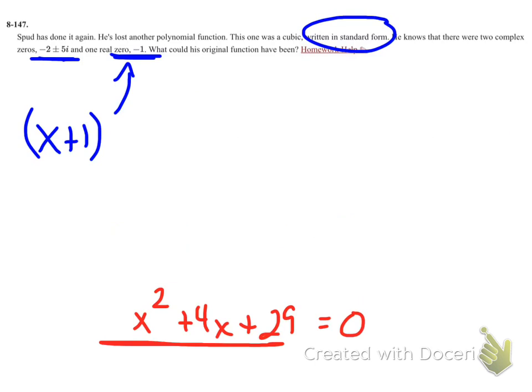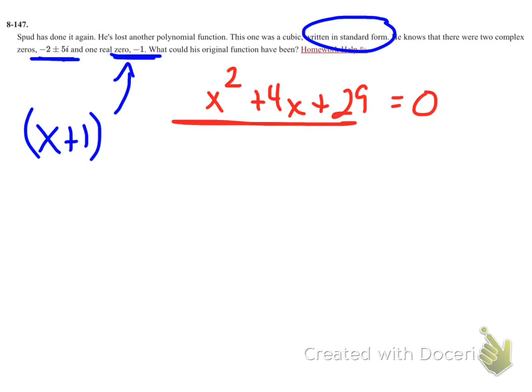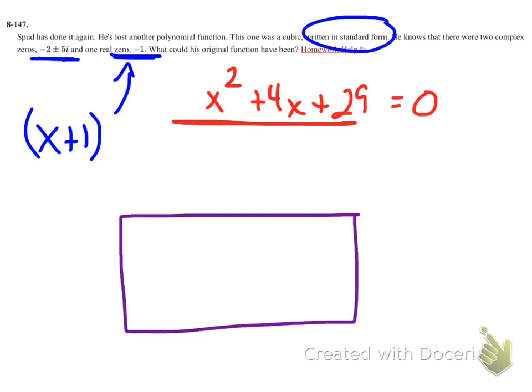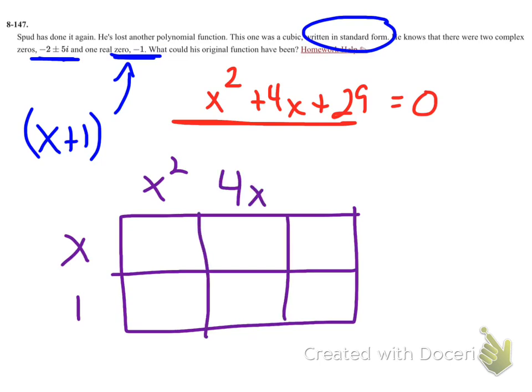I'm going to move some stuff around here a little bit. And I need to multiply them out to write this in standard form. So I'm going to be multiplying x plus 1 times x squared plus 4x plus 29.